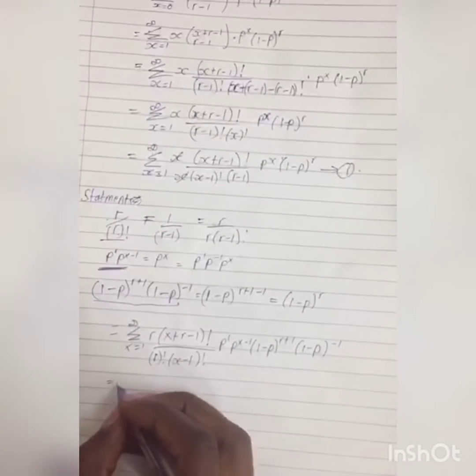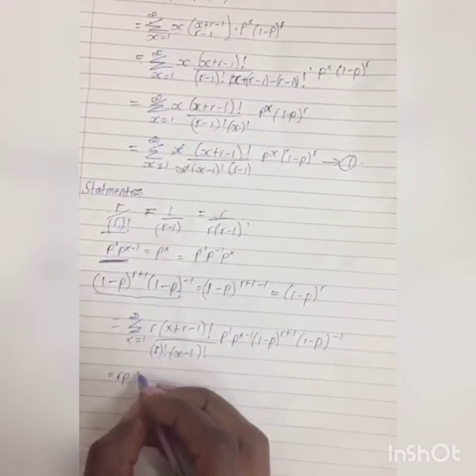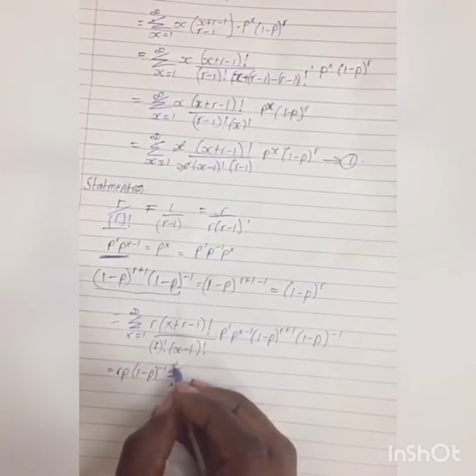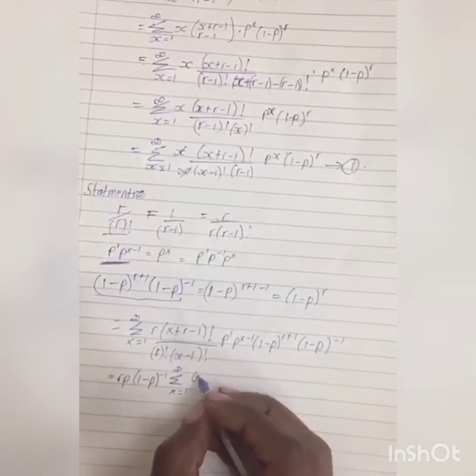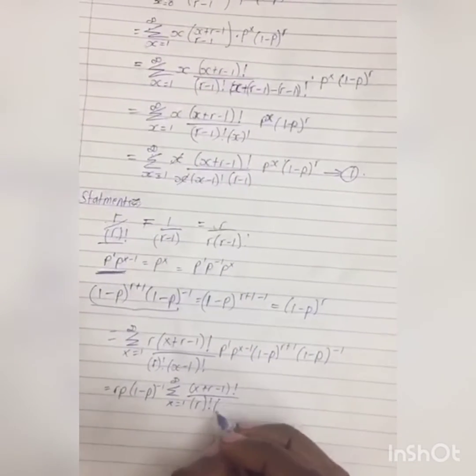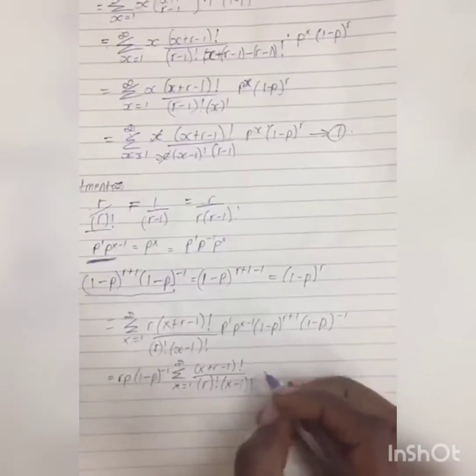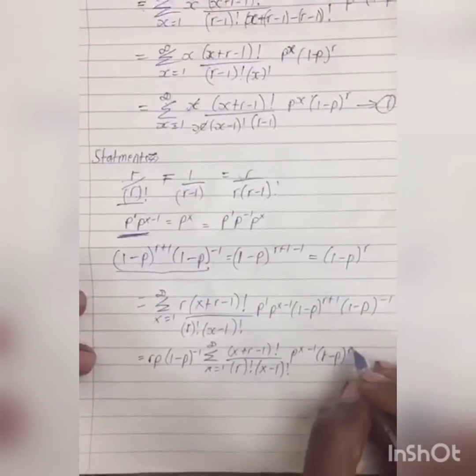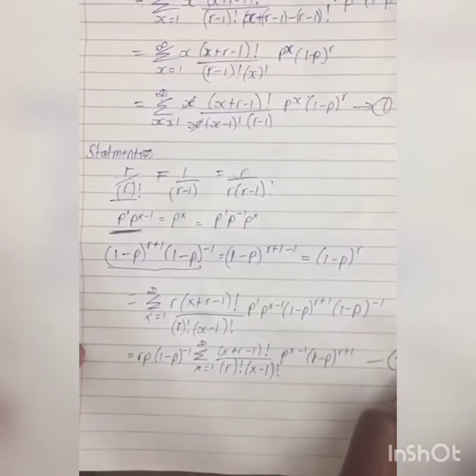So when we factor out the constants, we shall have this. And this will be our equation 2.